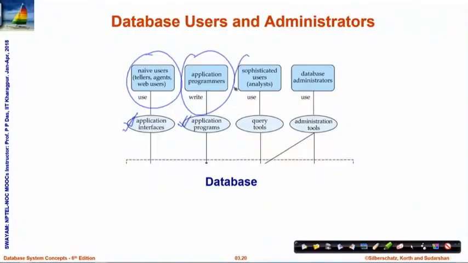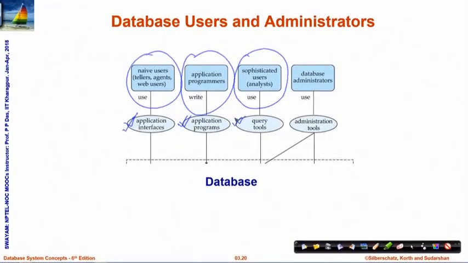The next level are the analysts, who are called the sophisticated users. They design different kinds of query tools, and they are responsible for the design of the database, that is the schema, the different constraints, the authorizations and so on, and manage that over a period of time.